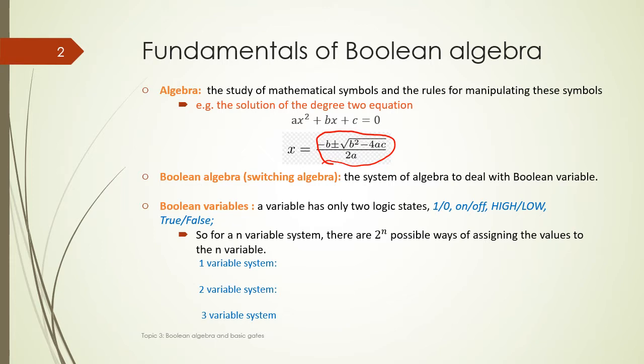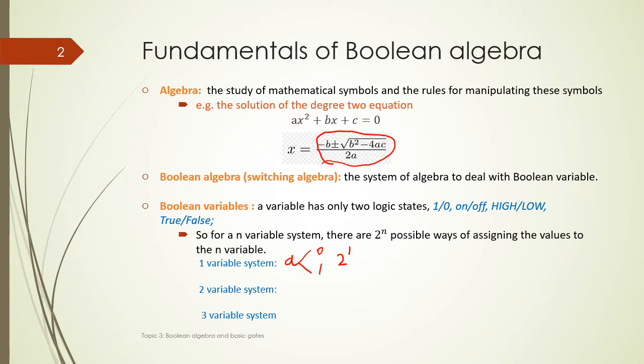Let me give you an example. Say we have a one-variable system, and the variable name is A. Because it's a Boolean variable, the only value it can get is either 0 or 1, or high or low, whatever you call it. So that's 2 to the power of 1, two possible values.